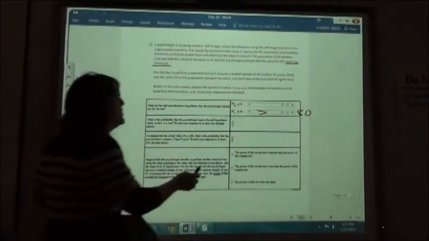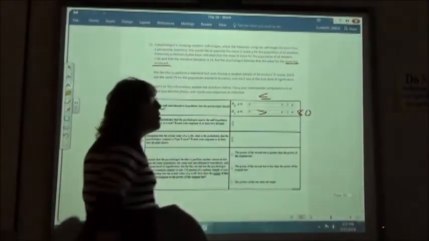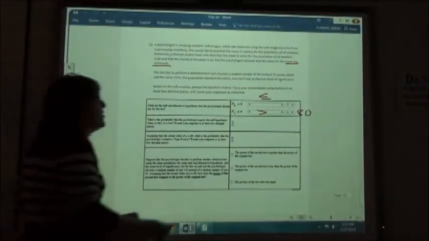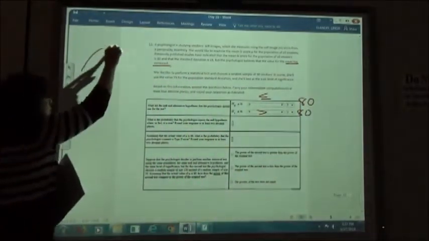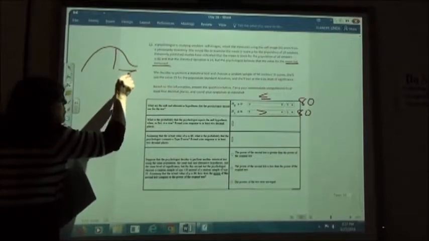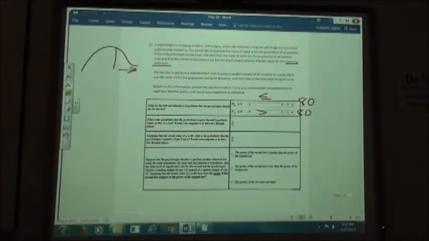Less than or equal to, right? If it's not greater, it's less than or equal to. The null always has the equal to in it. And of course, it's still going to be compared to that same number. So on this one, since we're doing a greater than, we're doing a right side test. That makes a difference on what we use on our formulas, right?